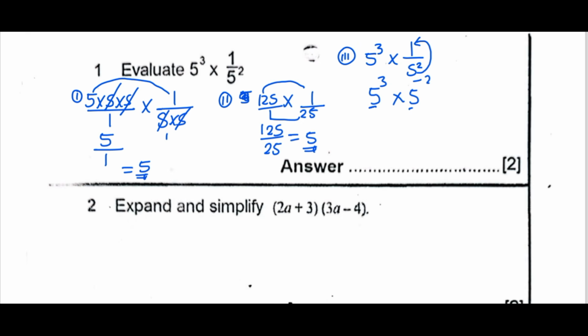Then we can see that we have the same bases, so we are going to use the rules of indices. We get one base, then we add the powers. So 3 plus negative 2, which is 3 minus 2, is 1. Anything raised to the power 1 is equal to the same thing, which is 5.